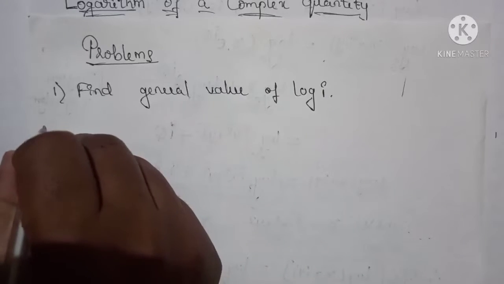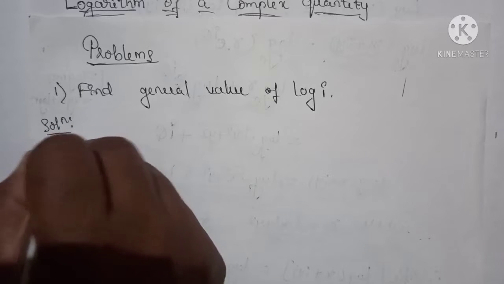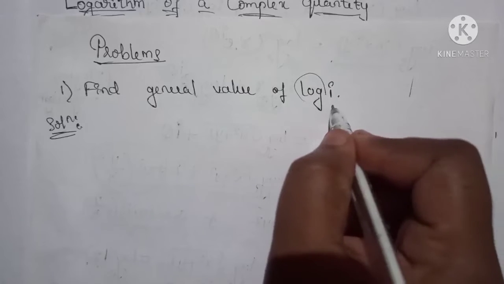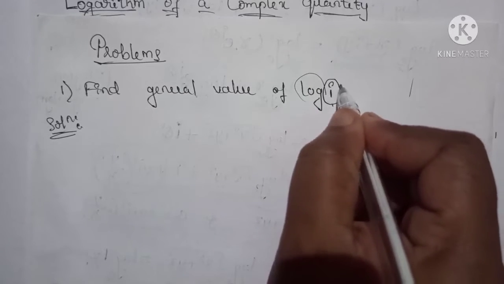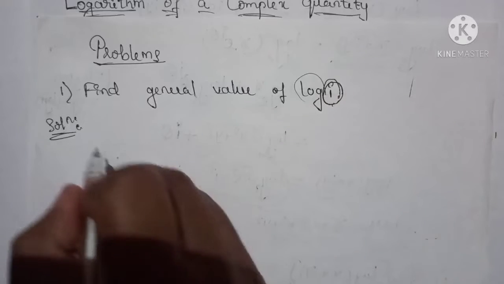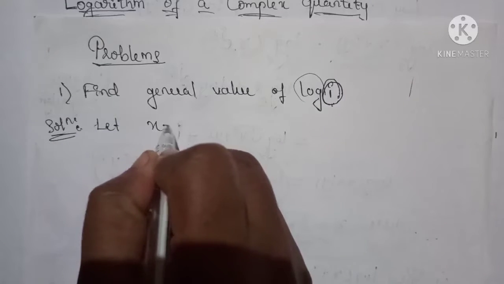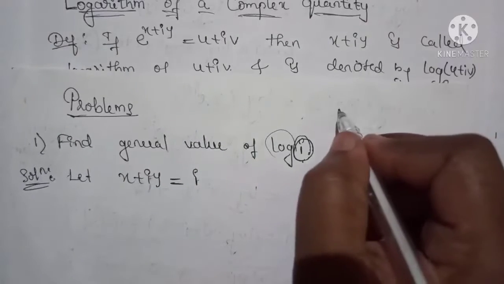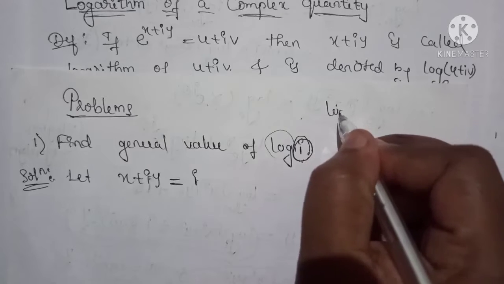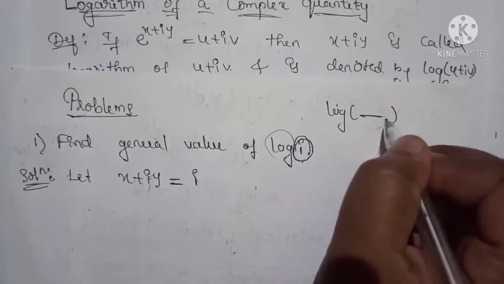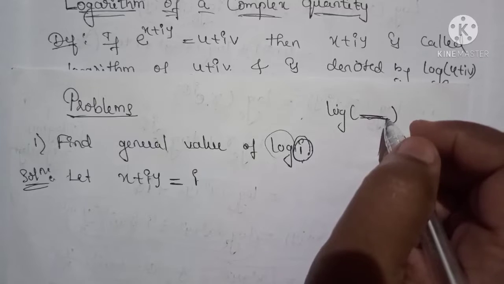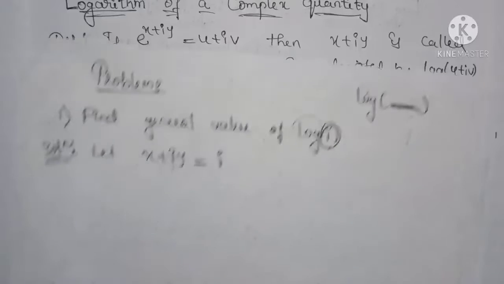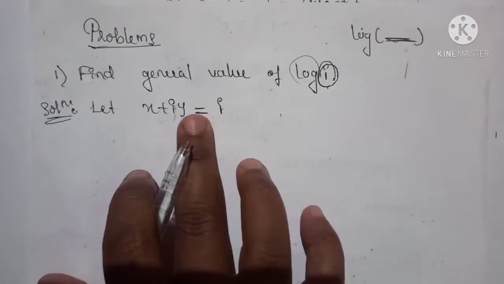So first, let us consider the given question, which is log of i. Here x plus iy is this i. Let x plus iy equal i. Whatever the given function of log is, we should take its argument as a complex number, so the given complex number is i.